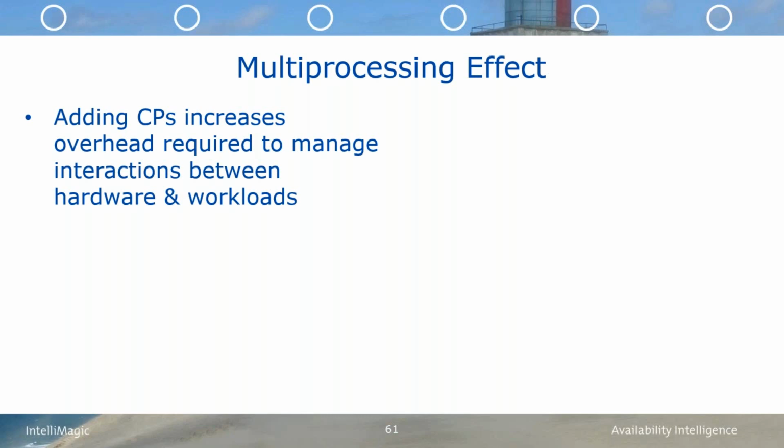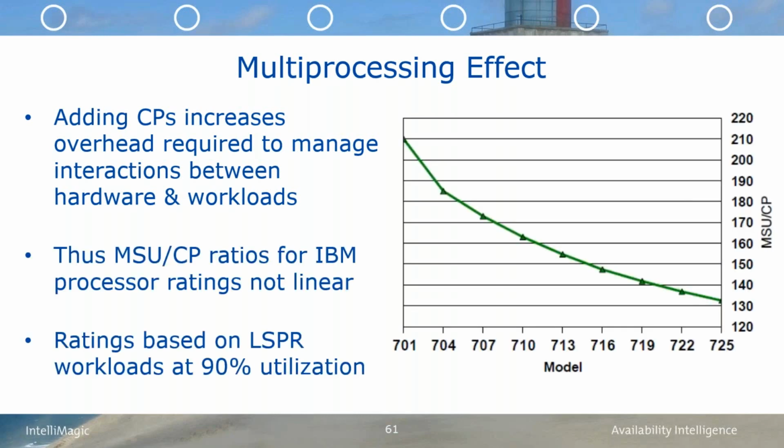Another important factor impacting measured CPU consumption that adds to the business case for acquiring or deploying additional hardware relates to the multiprocessing effect. The MP effect applies to any hardware environment and reflects the fact that adding cores or CPs increases the overhead required to manage the interactions between physical processors and shared compute resources.